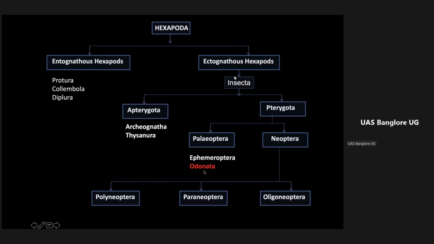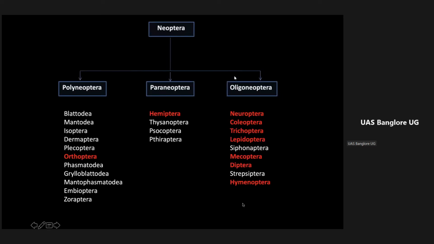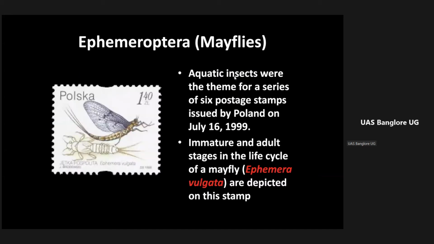I'll tell you why they are called that. We have Ephemeroptera and Odonata, and after that they all follow. Now, mayfly: where do you get mayflies? Know the habitat of the insect and how to collect it.